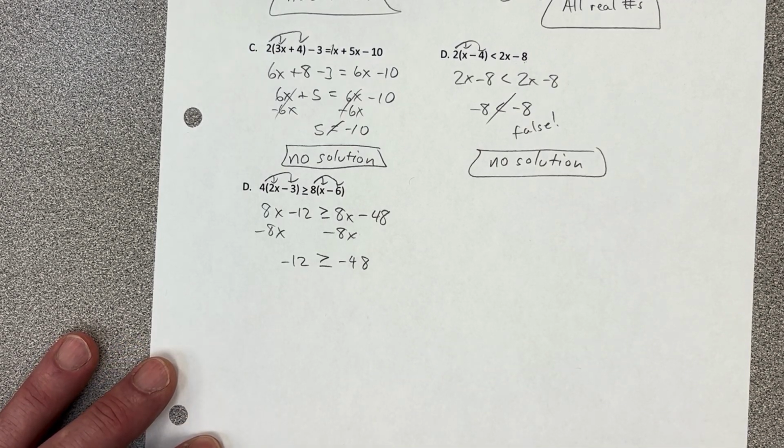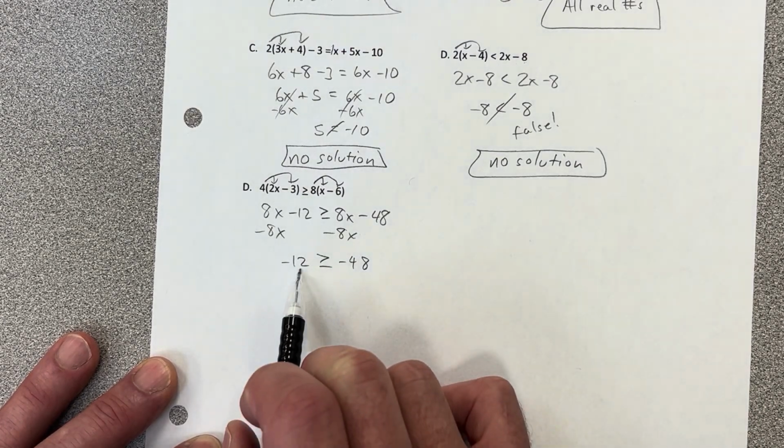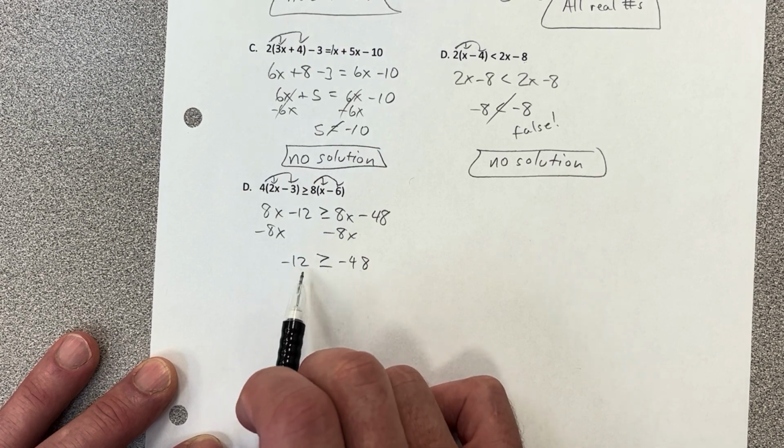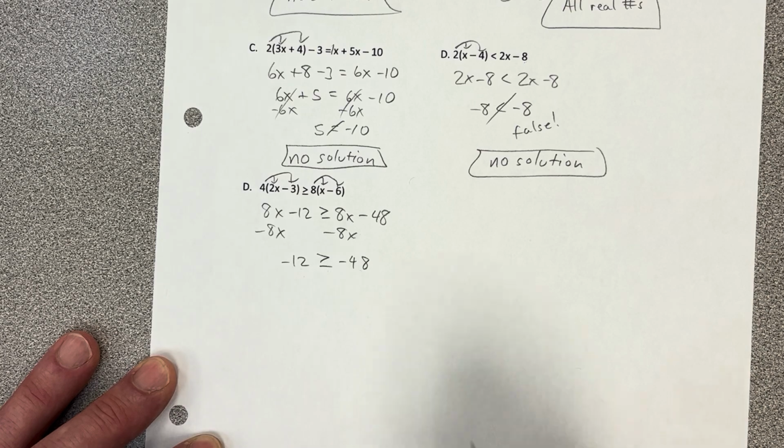They said this was no solution. But let's think about a number line here. Negative 12 is going to be closer to 0 than negative 48 is. Negative 48 is more negative. So this is actually true. Negative 12 is greater than or equal to negative 48.